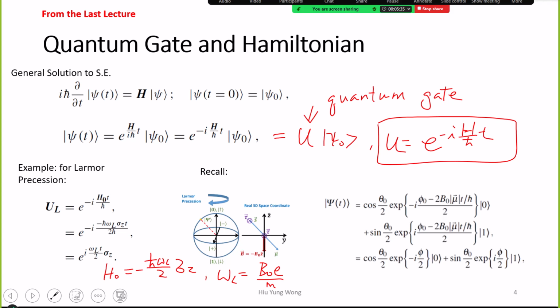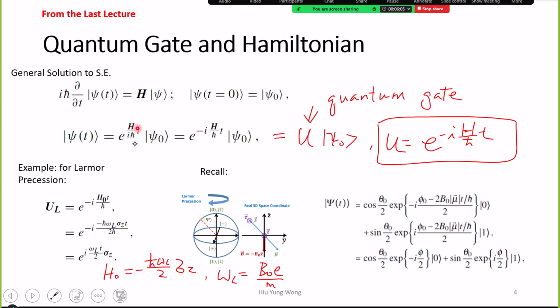So let's go back. What did we learn? This is also very important: the quantum gate. What is a quantum gate? We try to solve the Schrödinger equation, and after all, the Schrödinger equation should give us how the new state is related to the initial state, multiplied by a matrix.